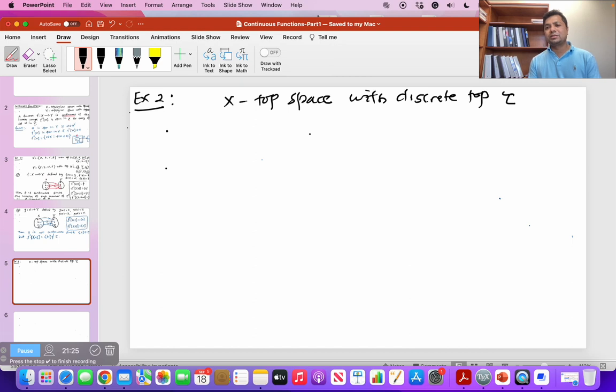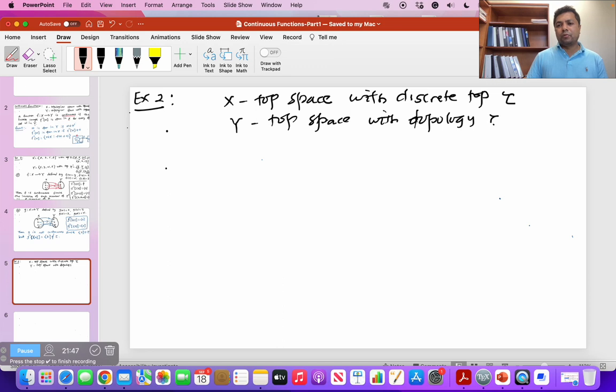That means each singleton set of X is in tau, and Y is a topological space with an arbitrary topology tau prime. Okay, the topology on X is fixed, which is the discrete topology, and the topology on Y is arbitrary.